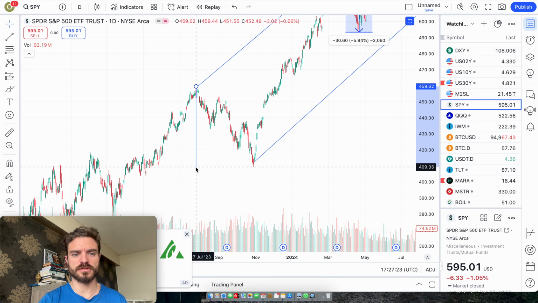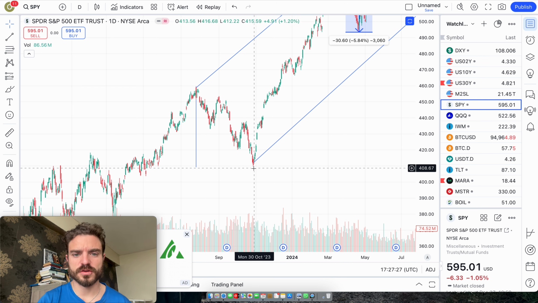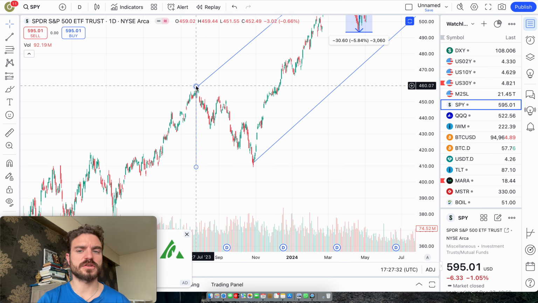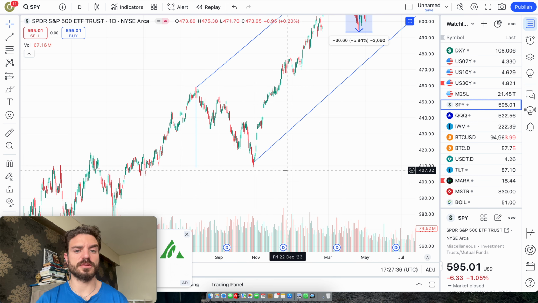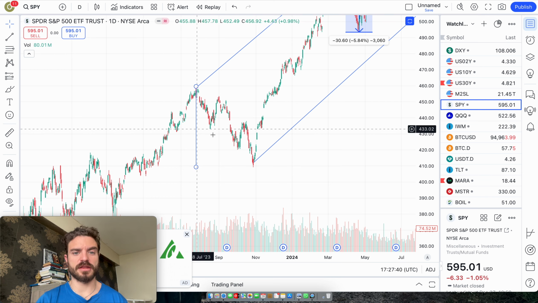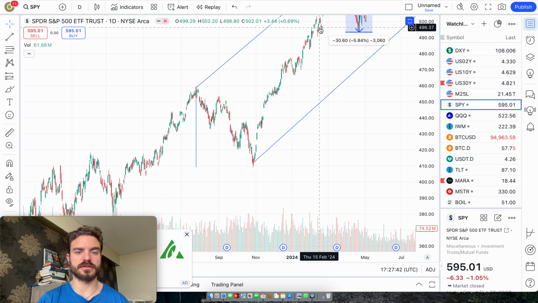Let's take this price drop. Okay, this is well over 10%. This is a 15-20% drop. Okay, and then the markets rallied extraordinarily.